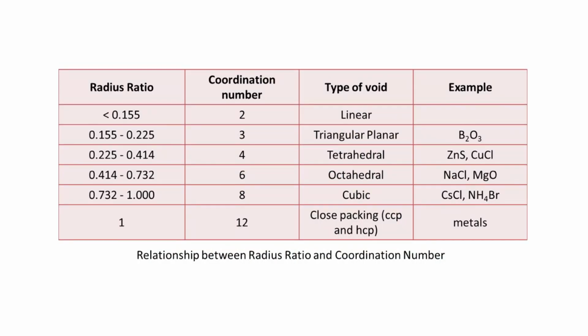The crystal structures are determined by the coordination number of the ions. Using the radius ratio, we can predict the coordination number and the structure of ionic crystals. This table shows the relationship between radius ratio and coordination number.